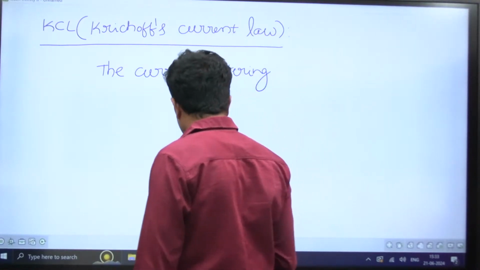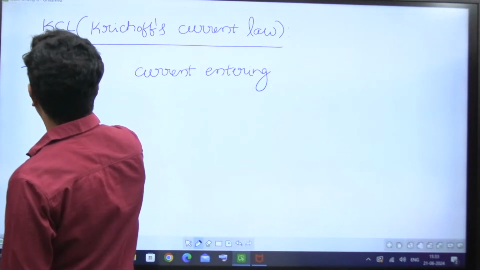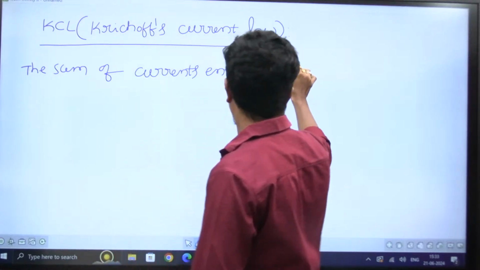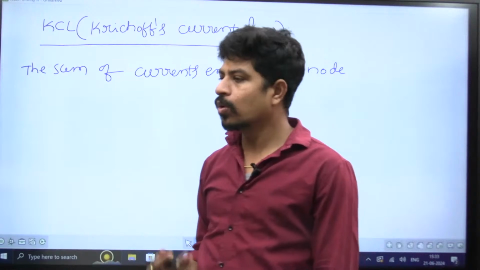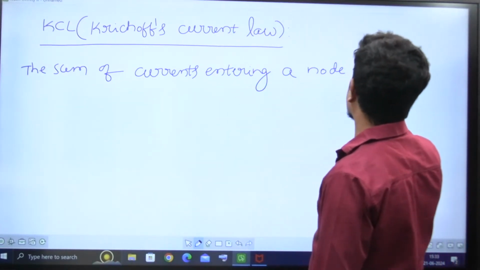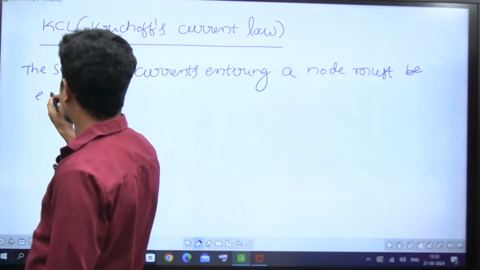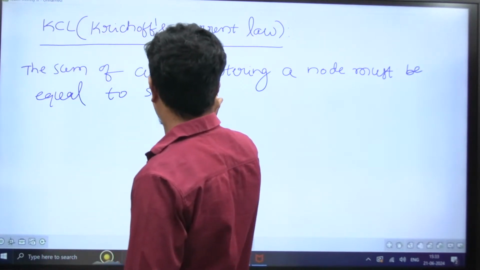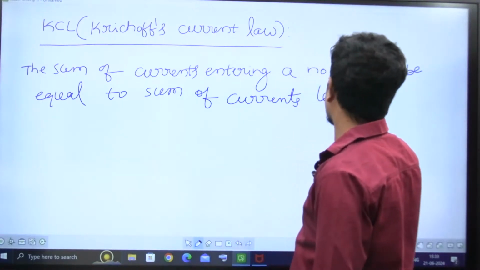The sum of currents entering a node. What is a node? I will tell you, don't worry. The terminology is new for you. Sum of currents entering a node must be equal to the sum of currents leaving that node.